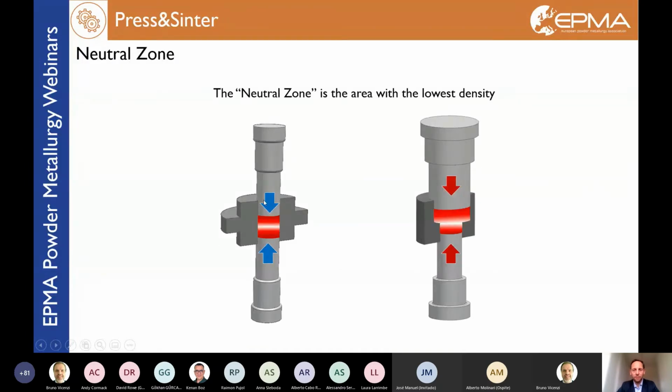This shows two different geometries. These are two simple tools: a single layer part with the white neutral zone in the middle of the green part, and a double layer part with a step in the die, and here as well I have the lowest density in the middle of the part.